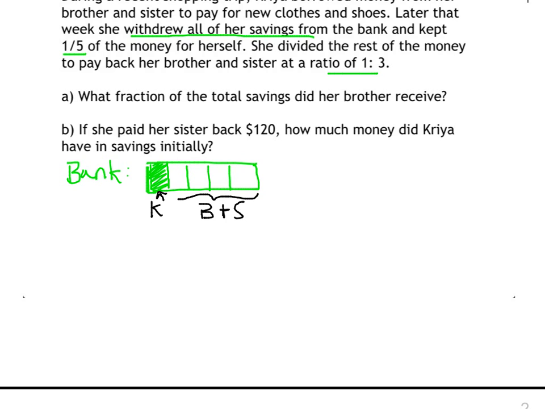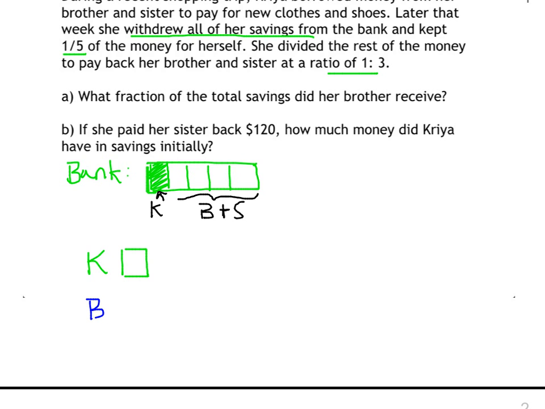She divided the rest of what she had to pay back her brother and sister at a ratio of 1:3. Oh, this is working out really well. Let's do this. Kriya, if you remember, kept 1/5, and so that's represented by just 1 unit. Then she paid back her brother and sister at a ratio of 1:3.